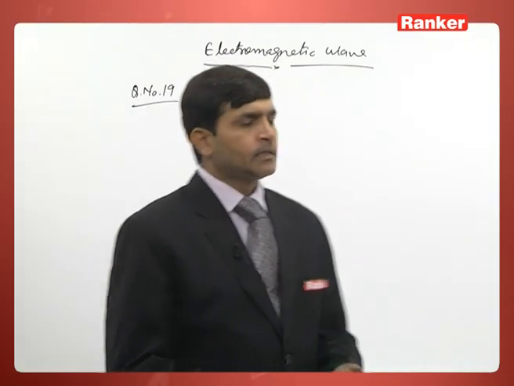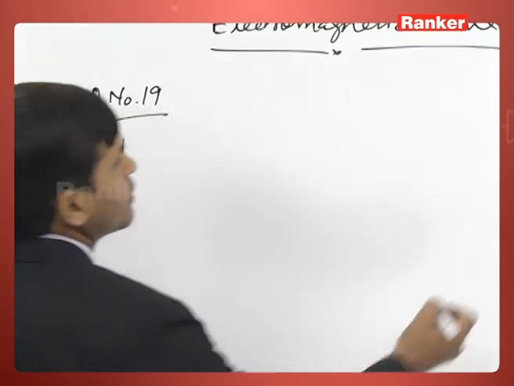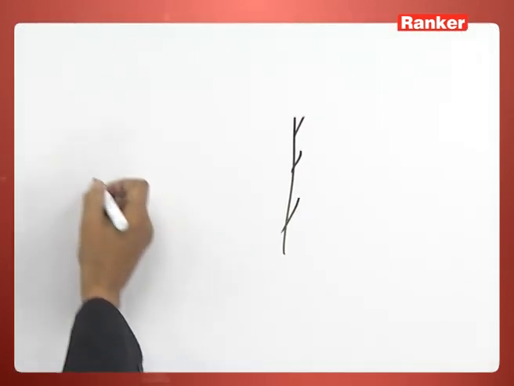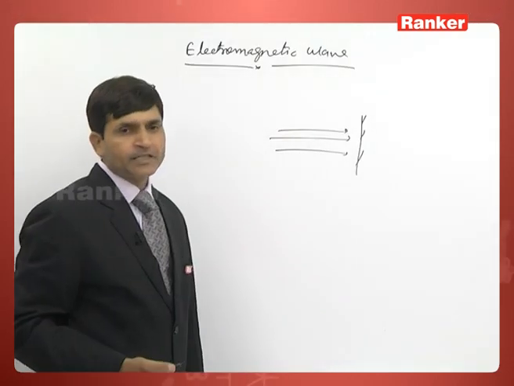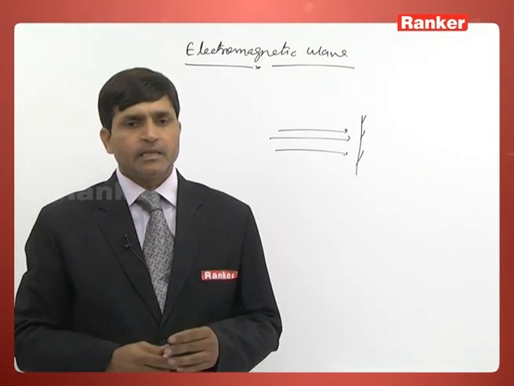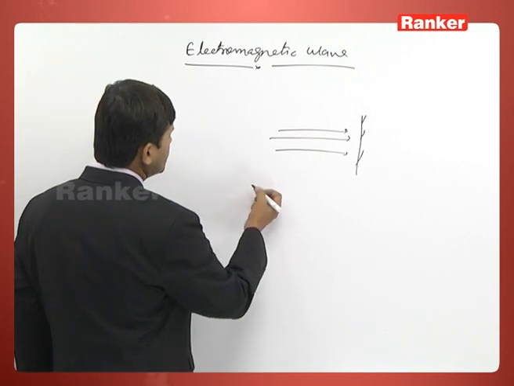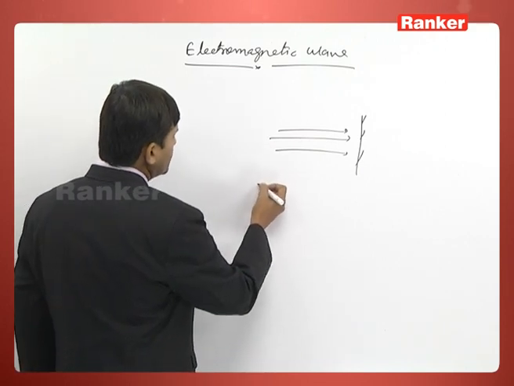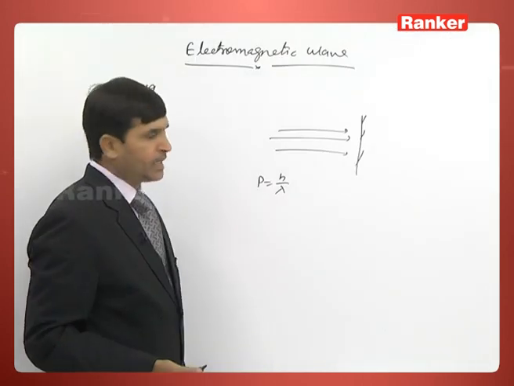Now see the method how to solve. So this is the mirror and radiations are falling like this. So the momentum transfer, as we know, momentum of a photon is h by lambda.